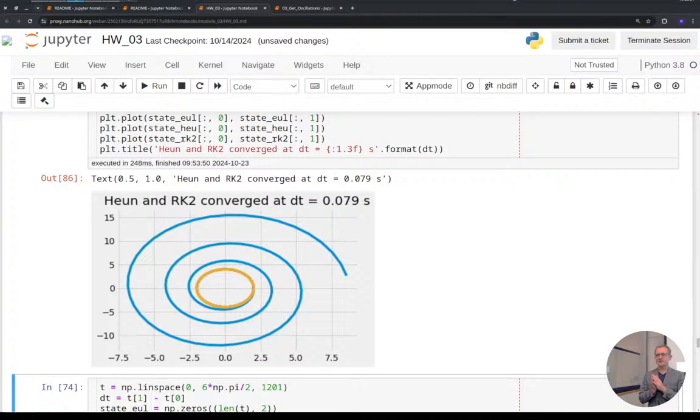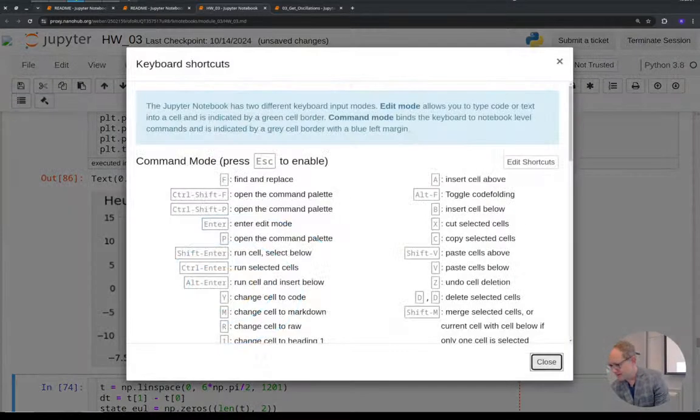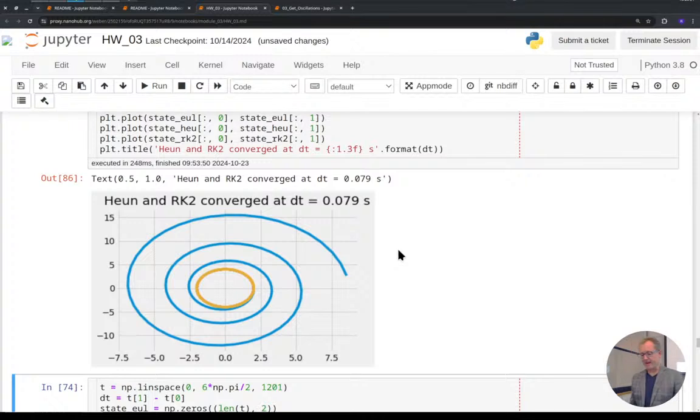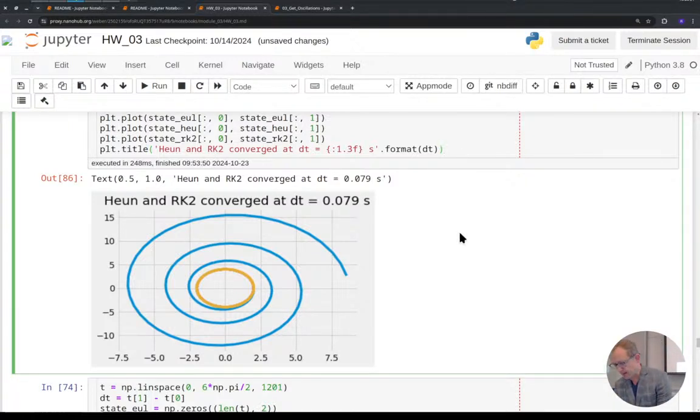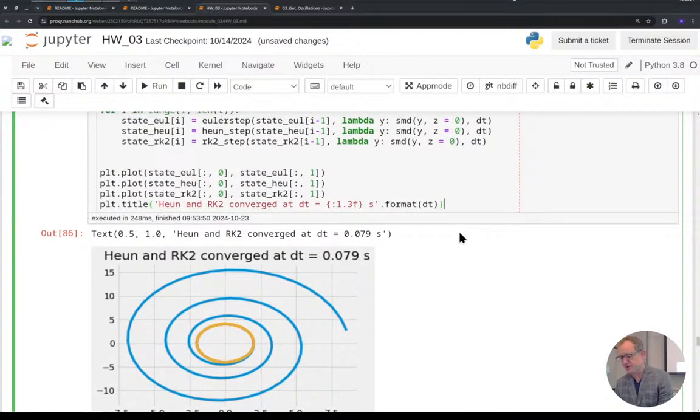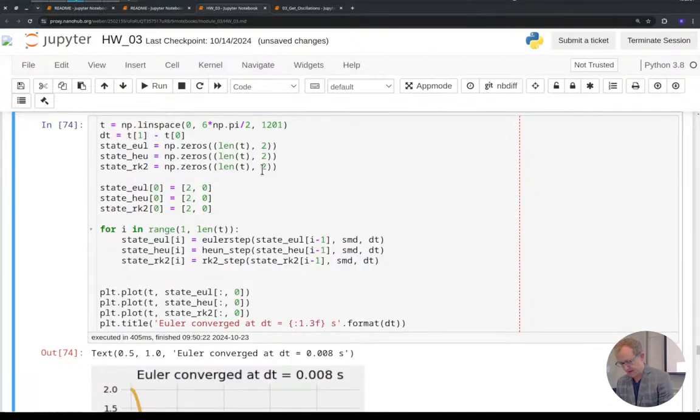We know that Euler's wrong here. But Heun and Runge-Kutta did converge. What shape is that? So we get a converging spiral. If damping is more than 0, then it should converge. Let's just hide our Euler because that one's just not right.